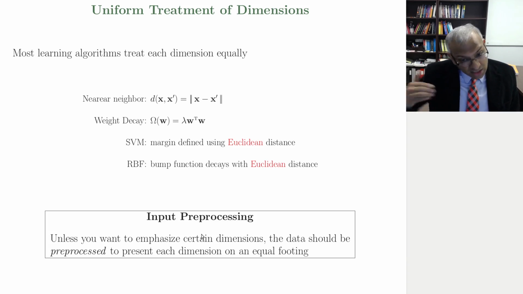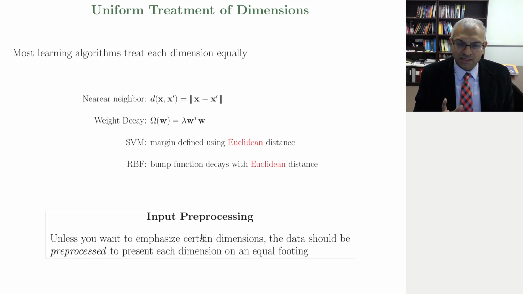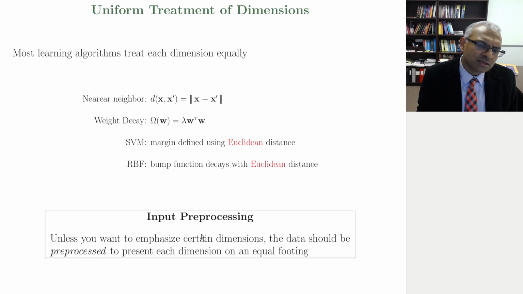If you really think that income should be twice as important as age, then fine, if income has a scale that's twice as large as age. But if it isn't, and this is typically the case, that by accident, the person who's collecting the data just decides I'm going to report the data in dollars instead of thousands of dollars. If this scale occurs by accident, by just some arbitrary choice, it should not affect the outcome of the learning.